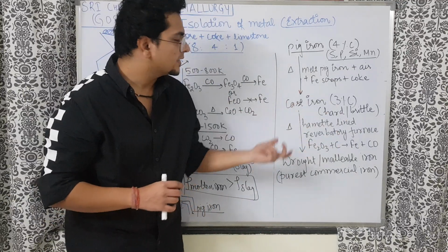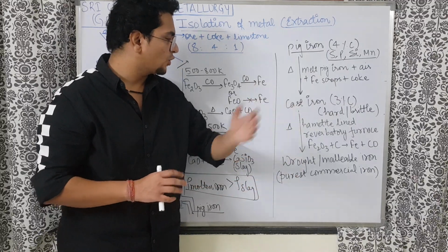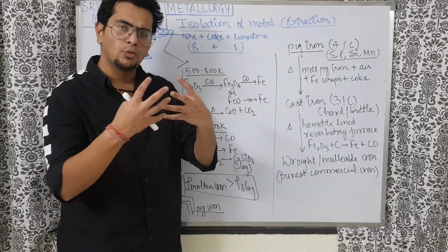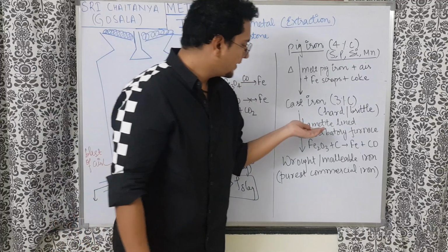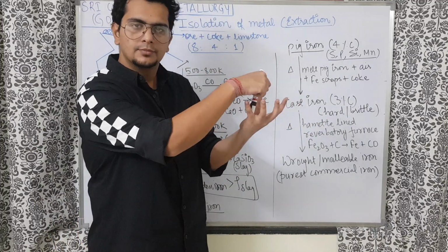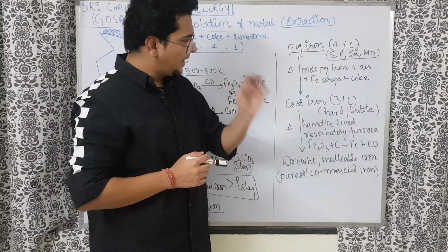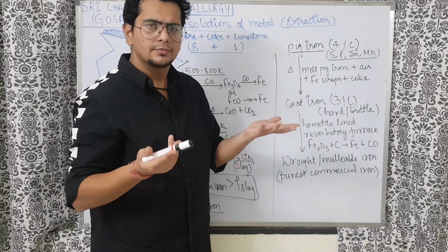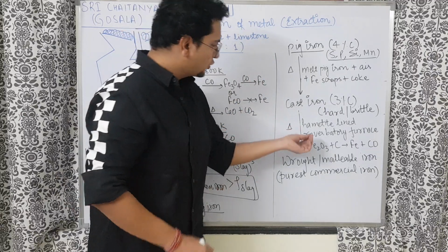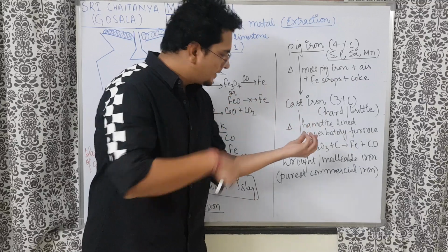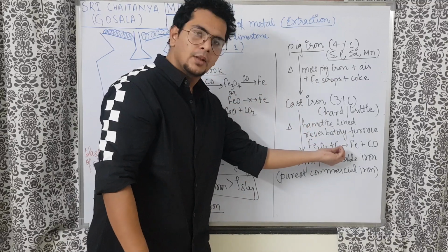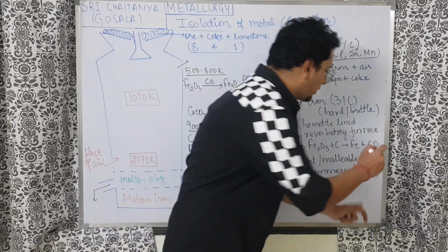Anyway, how does this conversion happen, how does cast iron become wrought iron, or become more pure? We took a hematite coating. The cast iron contains carbon. Impurity is majorly carbon only here. So when you give hematite lining, that hematite reacts with the carbon, forms iron, and CO gas goes off.